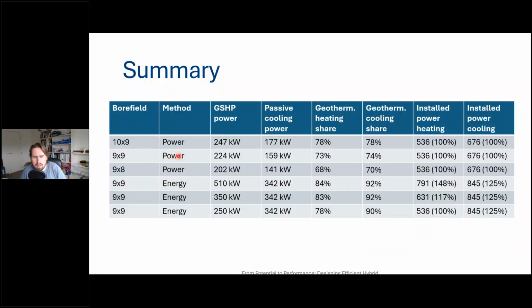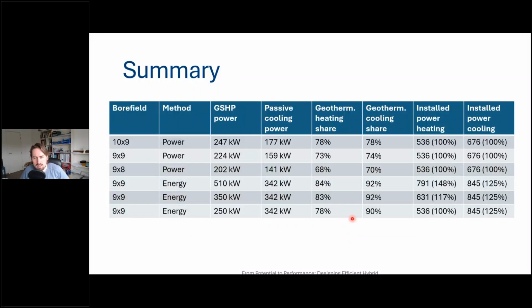And I just want to draw the attention to, we have no oversizing in this methodology, and if we did it with a 9x9 and we optimized for power, we also do not have an oversizing, but the geothermal share differs by 5%. And this is because if we optimize for energy in this way, we oversize, in this case, our passive cooling, so we can inject more heat into the ground over the years to come, not so much in the first year, but in the third and the fifth and the 10th, etc. And by doing so, we create some extra room for some more heat extraction, so for more geothermal heating.